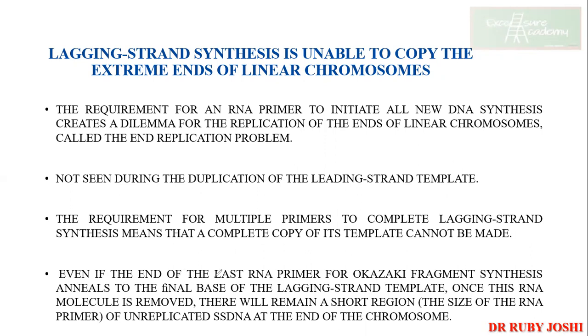So even if the last RNA primer for the Okazaki fragment synthesis anneals to the final base of the lagging strand template, once this RNA molecule is removed, there will remain a short region which is not replicated, and hence you get the end replication problem.